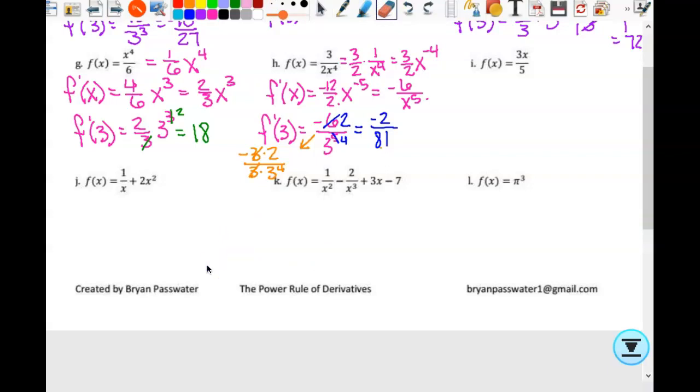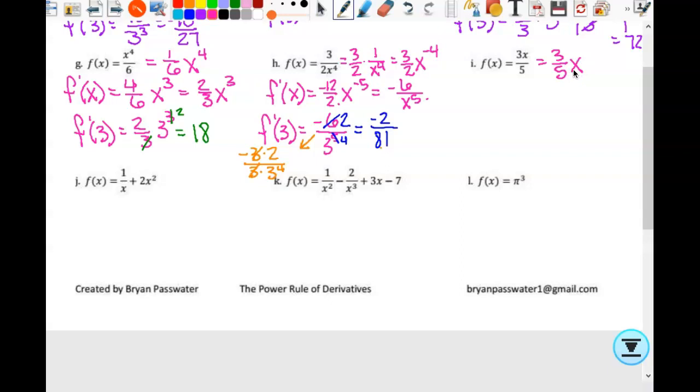Let's look at I. So how do you think we want to rewrite this? Yeah, 3/5 times x, right? So 3/5 times x, and if it helps you to put the 1 on it, put the 1 on it. Okay?